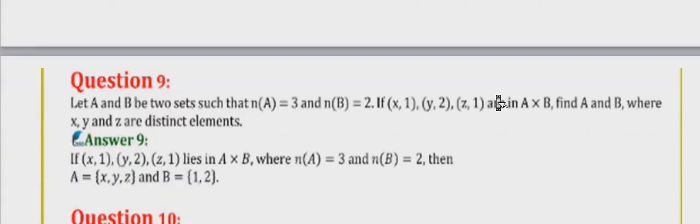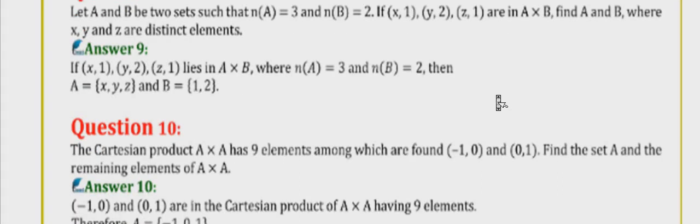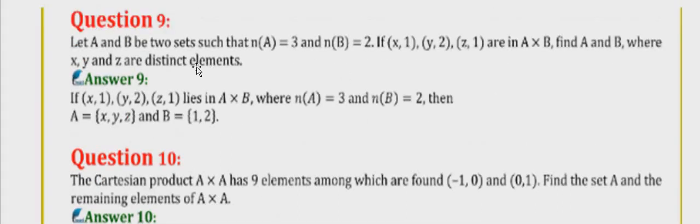One more question, the second last: there are two sets A and B, the number of elements in A is 3, the number in B is 3, and if (x,1), (y,1), (z,1) are in A cross B, find A and B. It means these 3 elements are already in A cross B. So what could be the elements in set A?